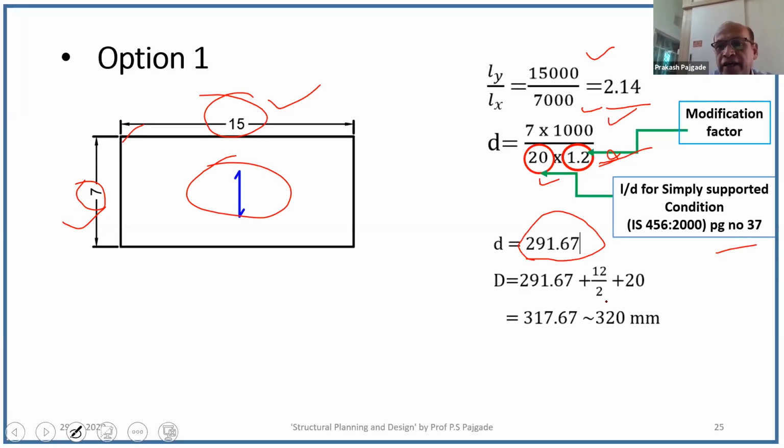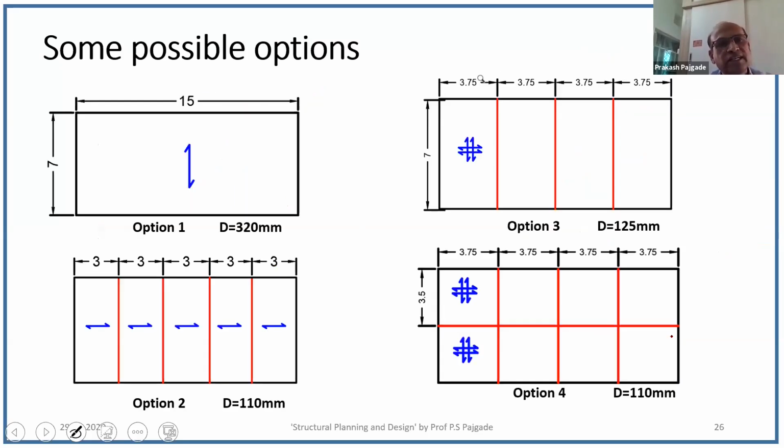And if you add half diameter and clear cover, then the thickness requirement will be around 320 millimeter. So in option 1, design of small hall, if I consider 7 meter span for one way slab, then thickness required will be 320 millimeter. Now let's try some other possible options also.